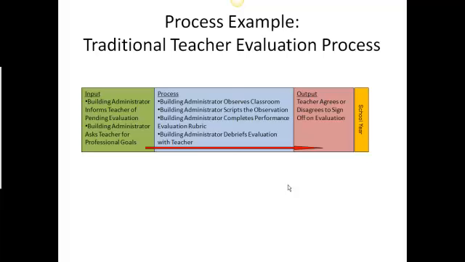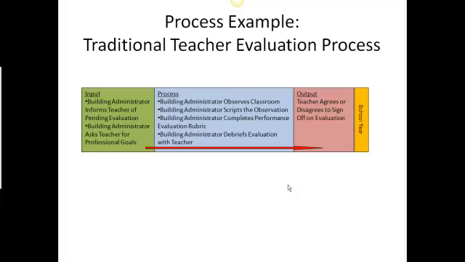So in traditional teacher evaluation, let's take a look at this process as it might occur over a school year. We have inputs, a process, and outputs, and you'll notice there's a green, blue, and rose-colored box to show you the differences between these three components of a process.